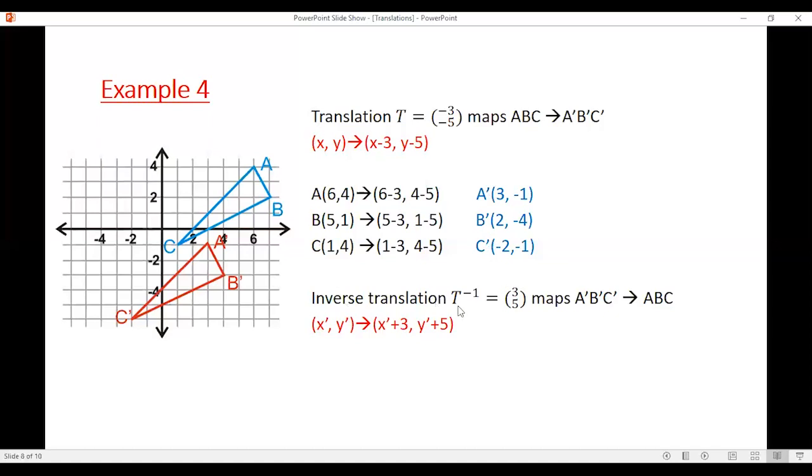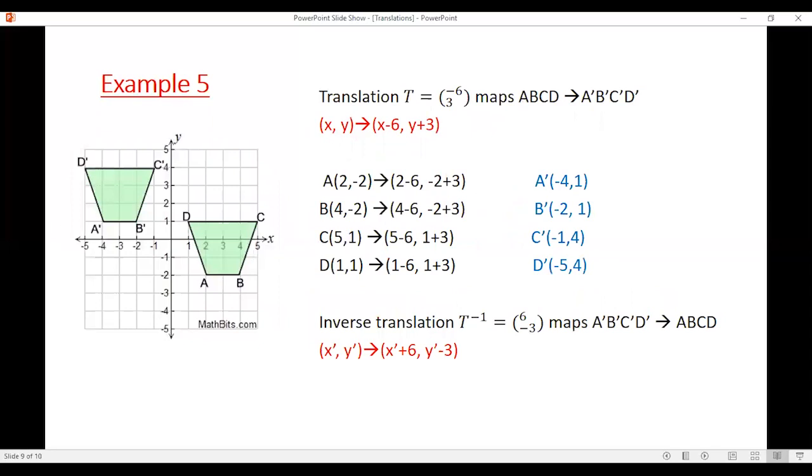Inverse translation represented by vector T minus 1 with coordinates 3, 5 maps the triangle A prime, B prime, C prime into triangle ABC, and where all the x prime, y prime coordinates become x prime plus 3, y prime plus 5. You can also see from the diagram that these two triangles are congruent.